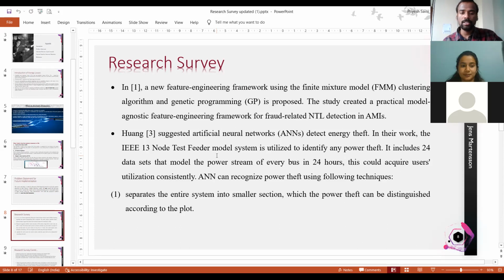This ANN algorithm can be used in the following ways. The first way is to separate the entire system into smaller sections, because it will reduce the burden on the algorithm. One by one, we can divide it into smaller sections and process them differently.